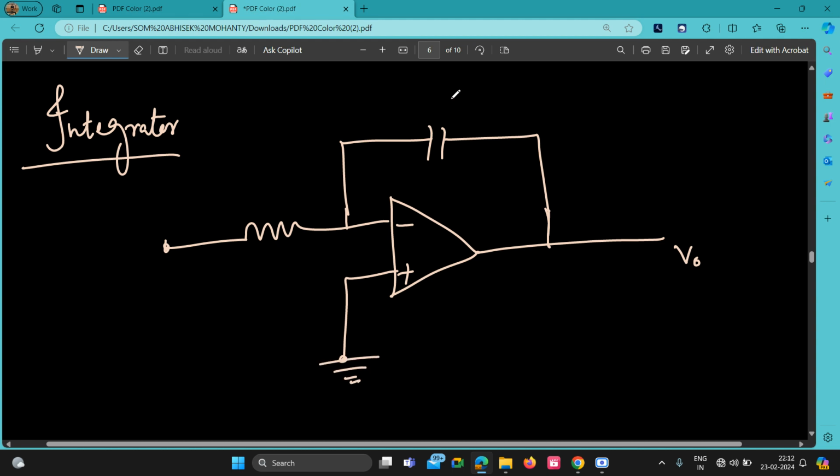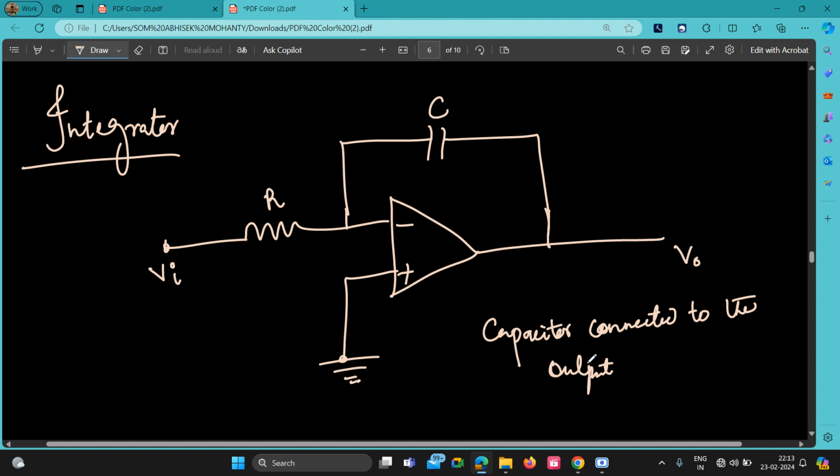See, when a capacitor is connected to the output, okay, that is called an integrator. Capacitor connected to the output of op amp, that is called your integrator.